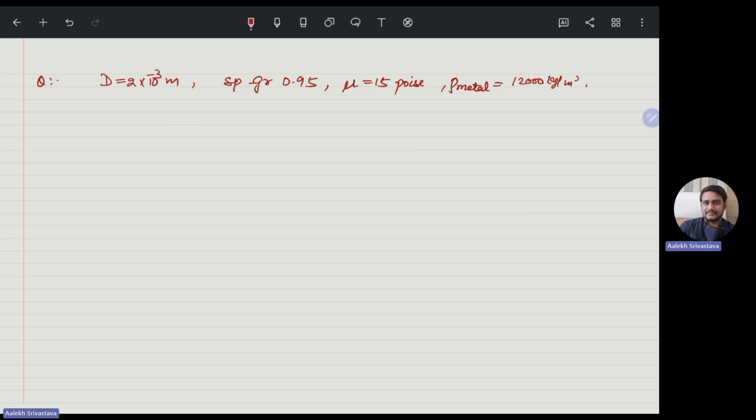You need to find the drag force. So drag force is given as 3 pi mu d u. But we don't know the u of the surface, so we need to find it out.